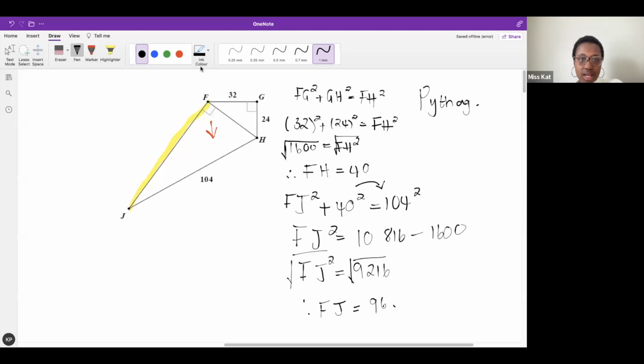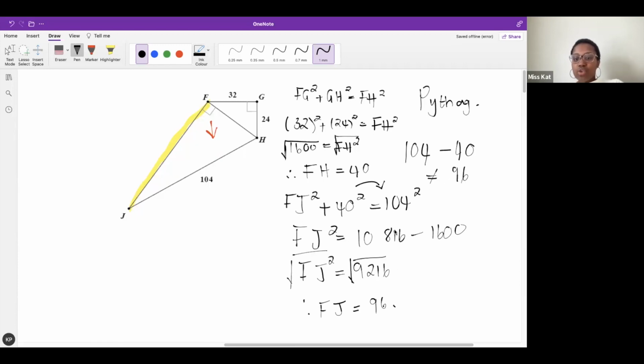Why did we take it out of its square? Why did we write the actual number? For example, 40 squared, we changed it to 1,600. Because 104 minus 40 is not equal to 96.